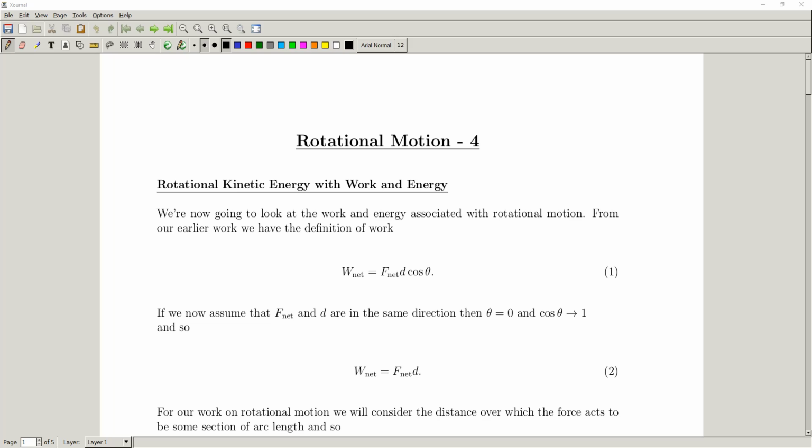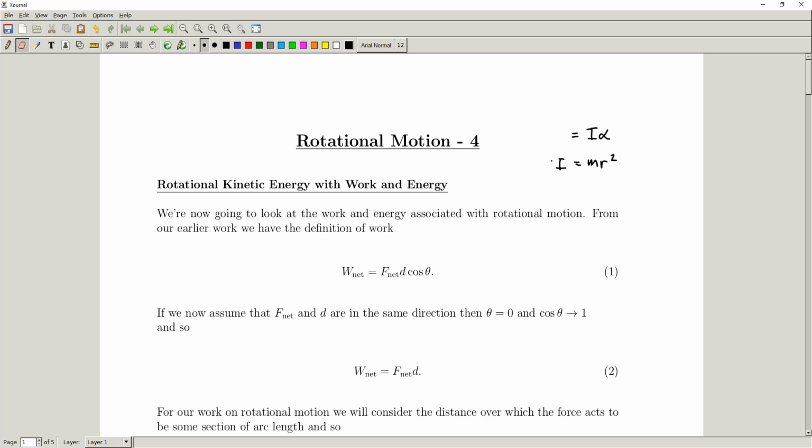So we looked at dynamics in rotating systems. We came up with this expression for inertia. We looked back at our definition of torque, and we ended up writing down our torque in terms of our moment of inertia times our angular acceleration, where I was this expression that we see here, right?